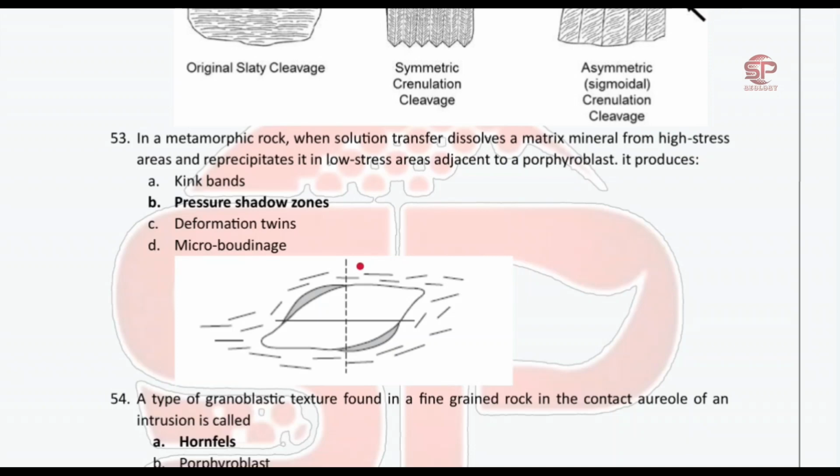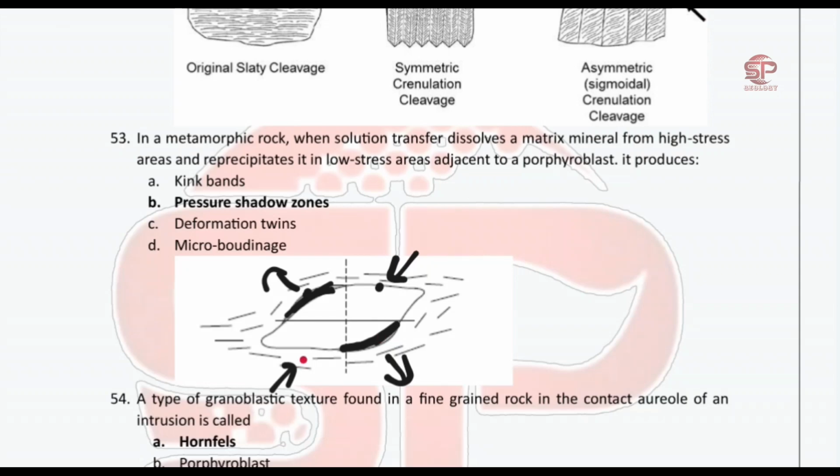It is a shearing condition where this part is getting extended, this part is getting compressed, this part is getting extended. So the compressional part will undergo high pressure condition. So it will dissolve material from this place, and it will start to deposit in the low pressure area. This is a pressure shadow area.